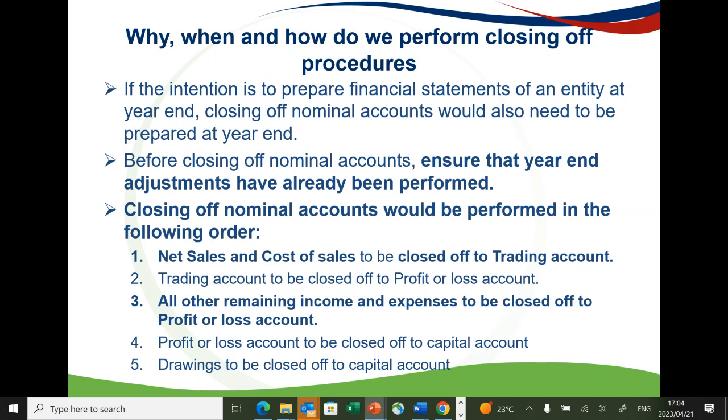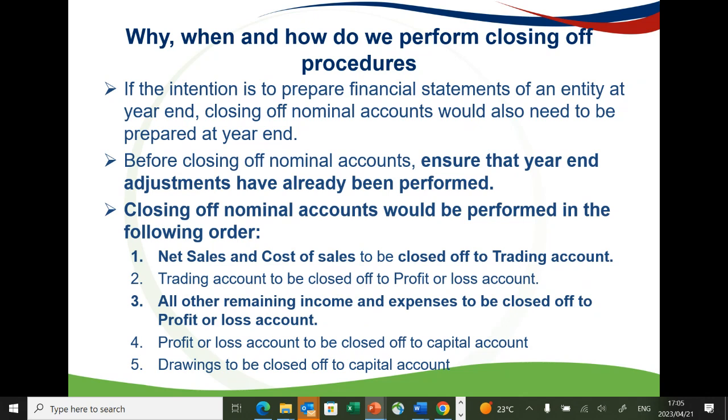Remember that you do the closing off of nominal accounts after doing what? Your year-end adjustments. You cannot close off the accounts without doing your year-end adjustments. So it's important that you first prepare your year-end adjustments and then you can perform your closing off of nominal accounts. Without considering year-end adjustments, the balances in those accounts will be incorrect, so you would be closing off incorrect accounts.